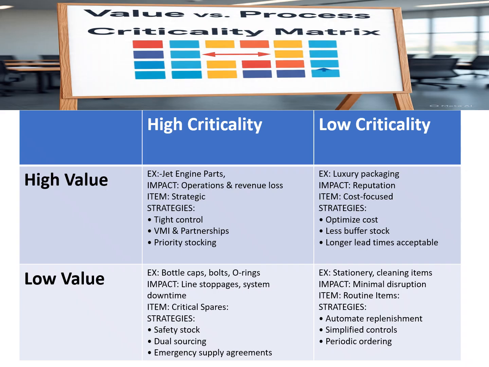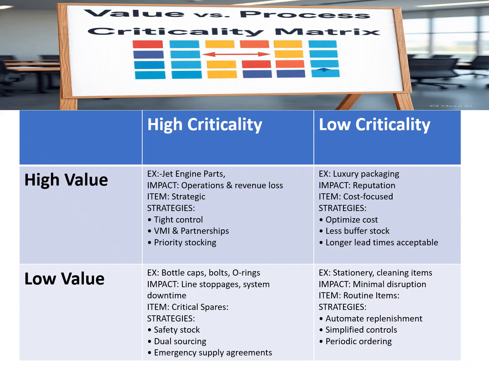In this approach, we develop a new framework, the value versus process matrix, which is a 2 by 2 matrix where high value versus high process, high value versus low process, low value versus high process, and low value versus low process.